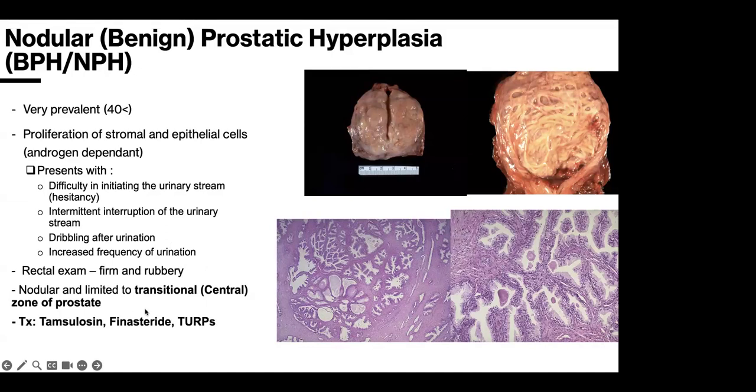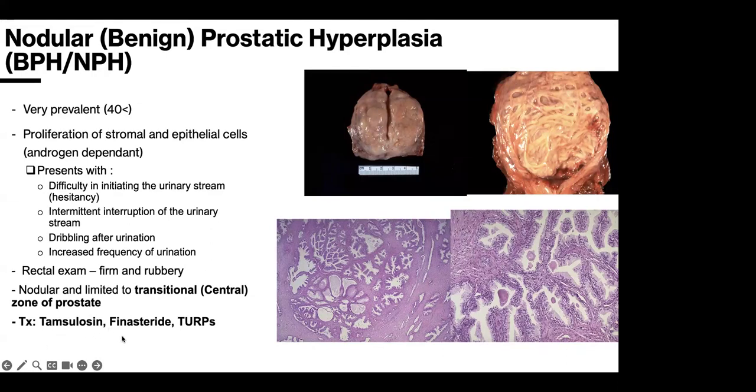Let's get more into the pathological aspects of it. Where the nodules are formed, or the enlargement or hyperplasia happens, is in the transitional or the central zone of the prostate. This could be a question in your exam. They could ask you where exactly it is. It's a first-year question, but they could ask you this again here. Transitional or central zone of the prostate is where NPH happens.